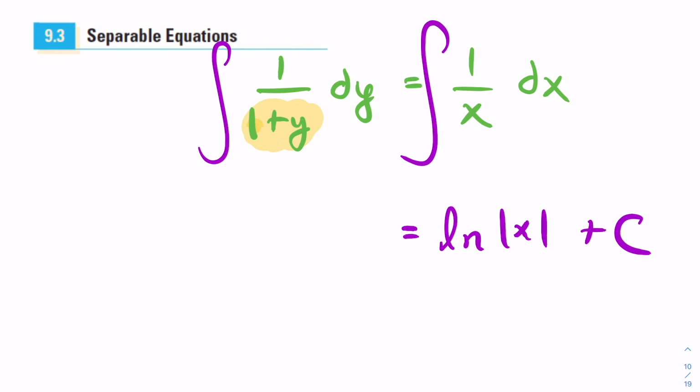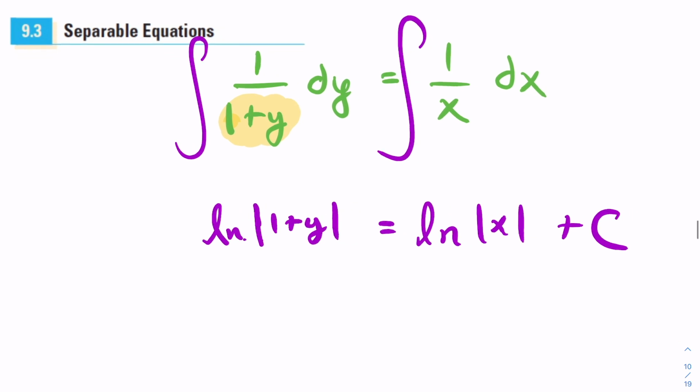So this comes out to the natural log of the absolute value of 1 plus y. Okay? If you're not sure how I got that, please do text me, all right? So we separate it, we integrate it.